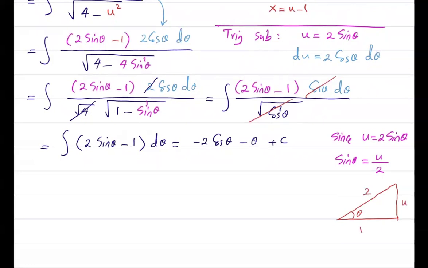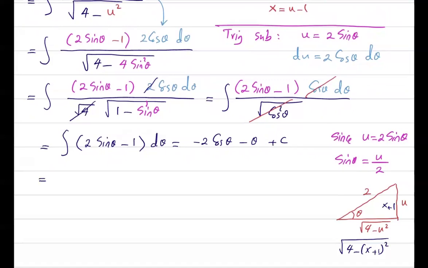So this length is the square root of 4 minus u squared. Or in terms of x, u is equal to x plus 1. So you have x plus 1, and this side is the square root of 4 minus x plus 1 to the second power, that we simplified at the beginning, all right?